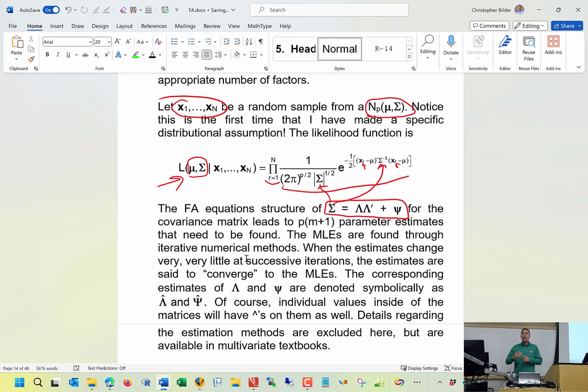That's how we get our lambdas and our psis in there. So what we're going to want to do is maximize, typically, the log of this likelihood function, finding the values of all the lambdas and psis such that this likelihood function is as big as possible. That will lead us to our parameter estimates, and then we'll be able to write out our factor analysis model with those estimates.